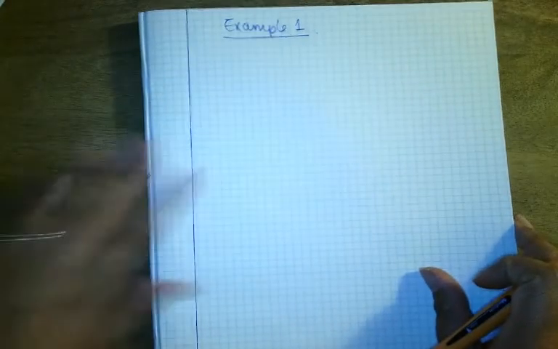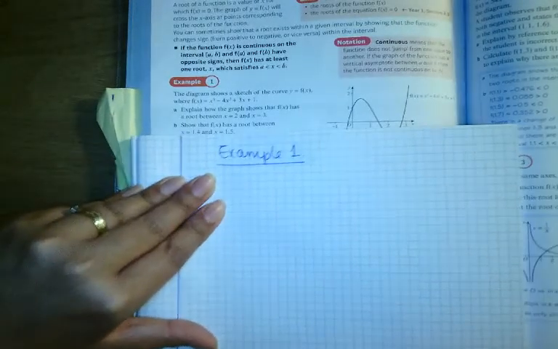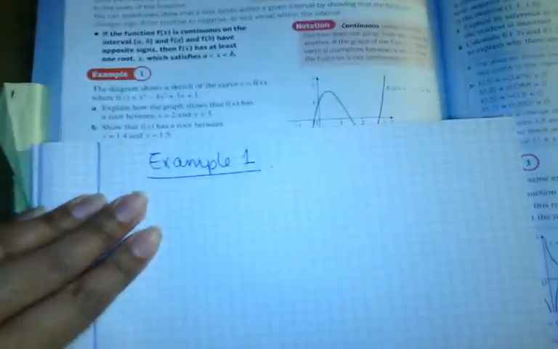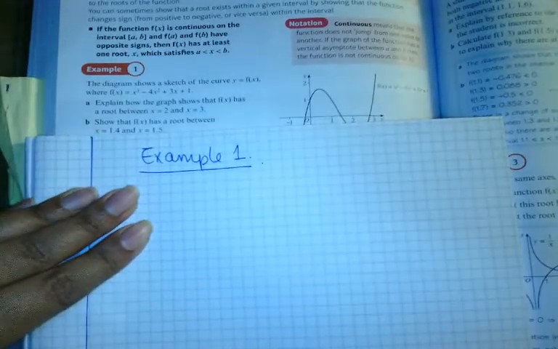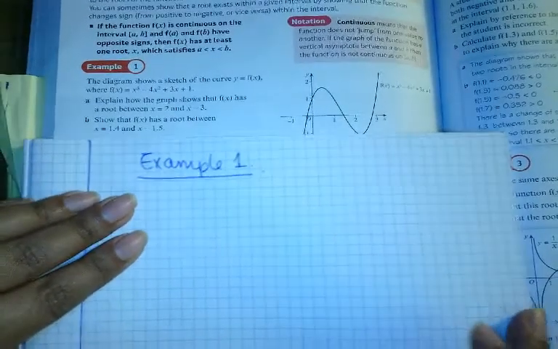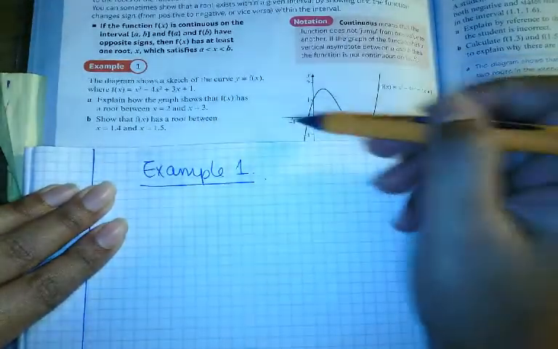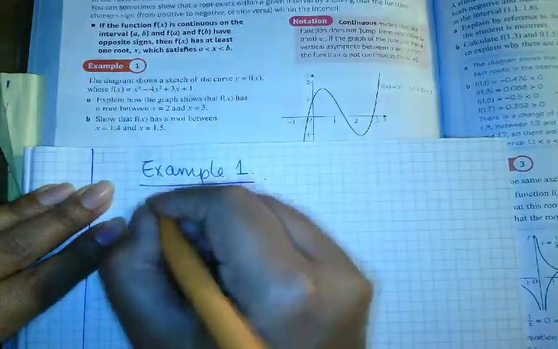And example 1 says, the diagram shows a sketch of a curve y equals f of x, as you can see there, and it gives us the function. So it gives us the diagram and it also gives us the function. Let me write that down.